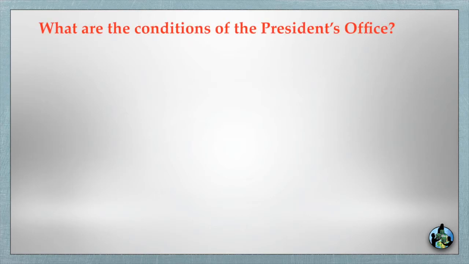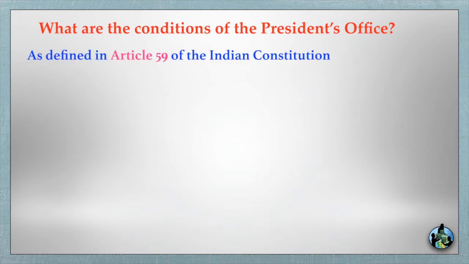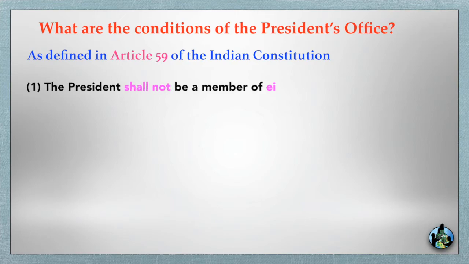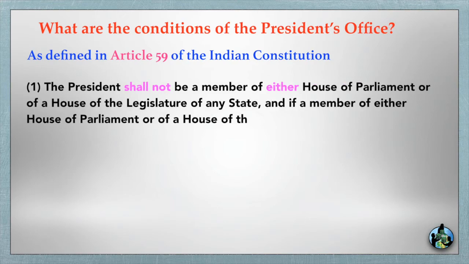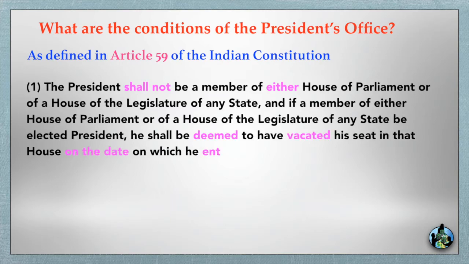Now, the next question is, what are the conditions of the President's office? As defined in Article 59 of the Indian Constitution, the President shall not be a member of either House of Parliament or of a House of the Legislature of any state, and if a member of either House of Parliament or of a House of the Legislature of any state be elected President, he shall be deemed to have vacated his seat in that House on the date on which he enters upon his office as President.